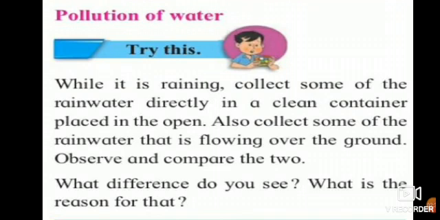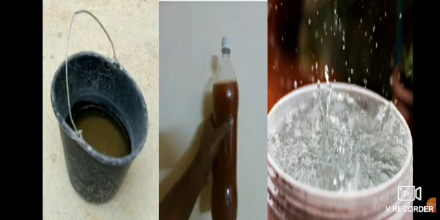Now while it is raining, collect some of the rainwater directly in a clean container. If you can see in the picture, it is placed in the open space.